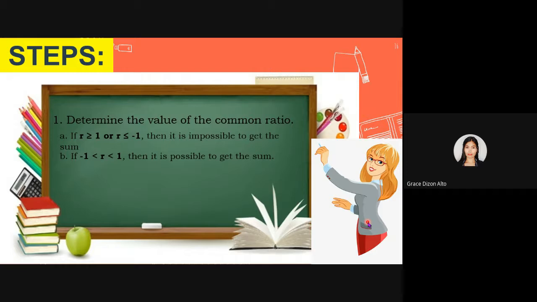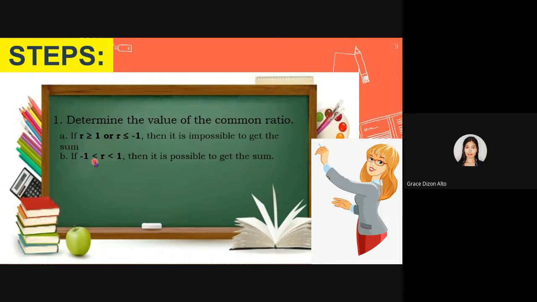So negative 1 and 1 are not included in the solution because of this statement, letter A. It should not be equal to 1, and it should not be equal to negative 1. It should not be less than negative 1 and it should not be greater than positive 1. Okay? It should be within negative 1 and positive 1.